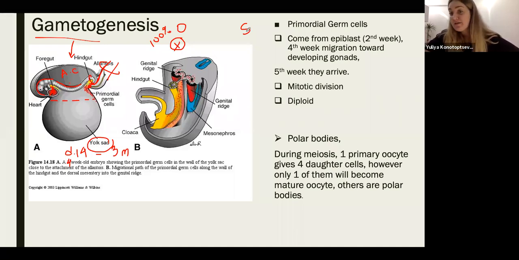But spermatozoa are a bit different, because if you look at one man and his spermatozoa, half of the spermatozoa, so 50%, will actually have X chromosome.